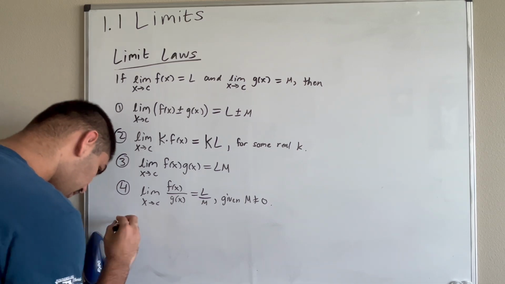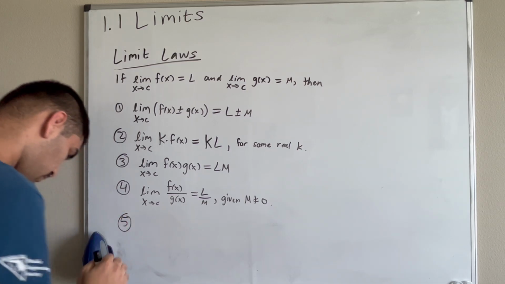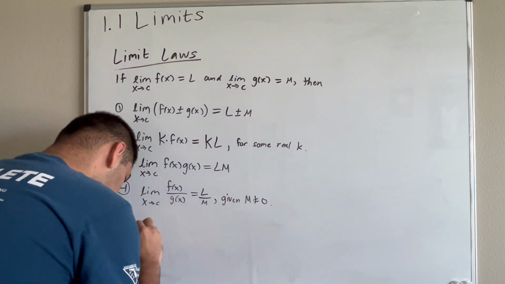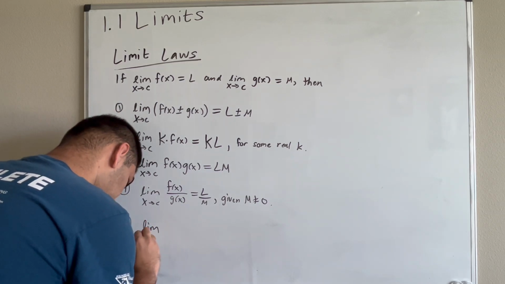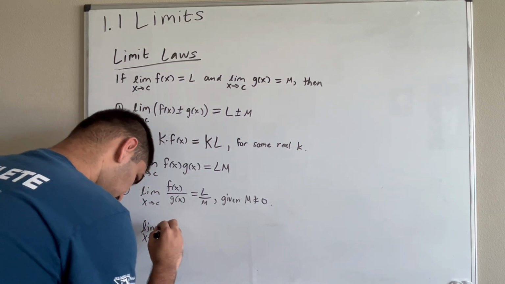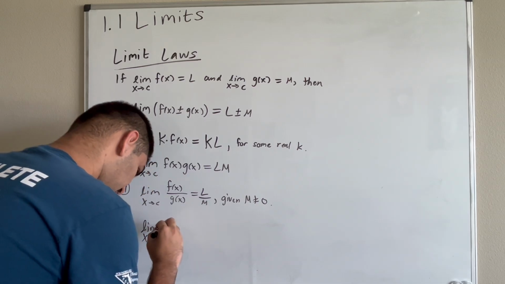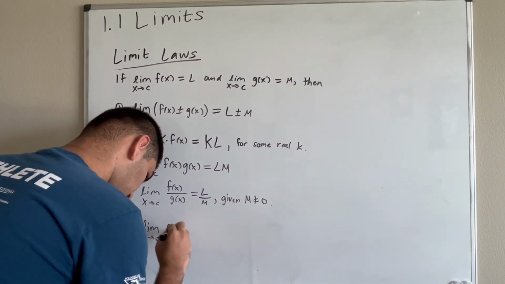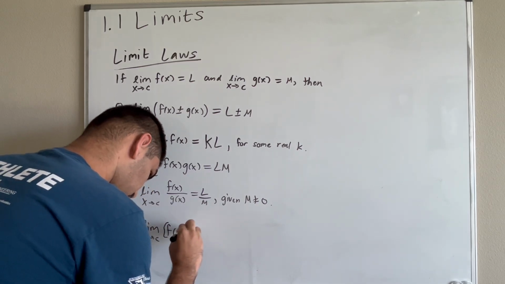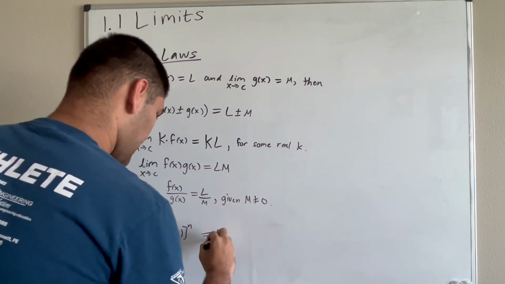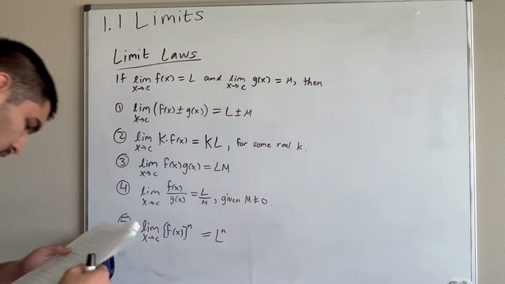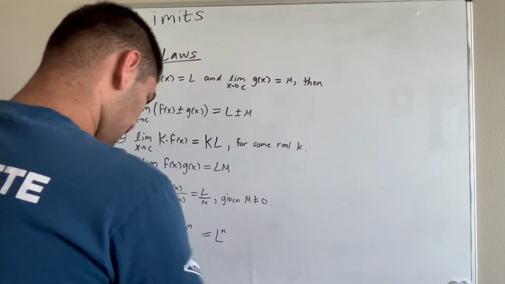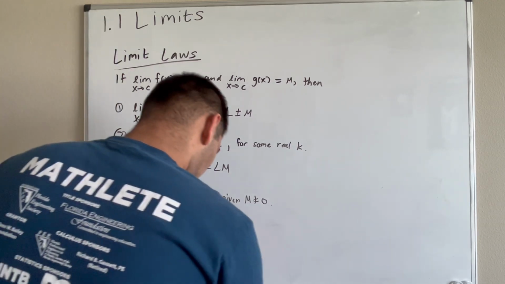Number 5, we have the limit as x approaches c of f of x to the n. This is just equal to L to the n, and this is for all rational n.